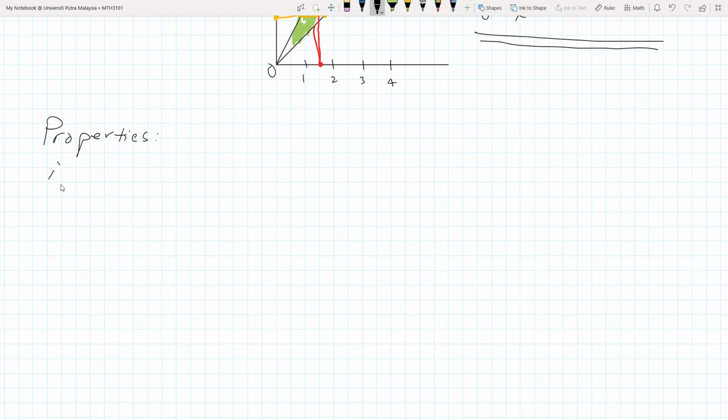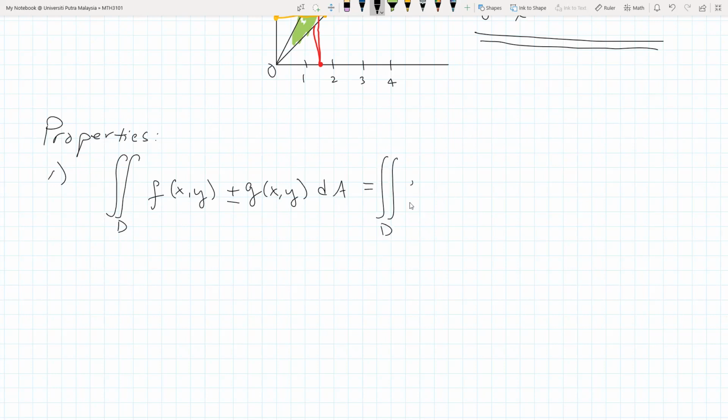So the first thing, if you have double integration on region D of f x y plus g x y dA plus or minus. So this is the same thing as you separate into two parts, fxy dA minus or plus on the same region, gx y dA.